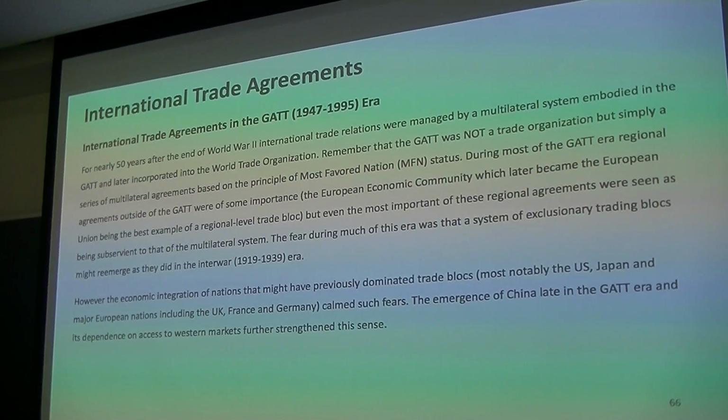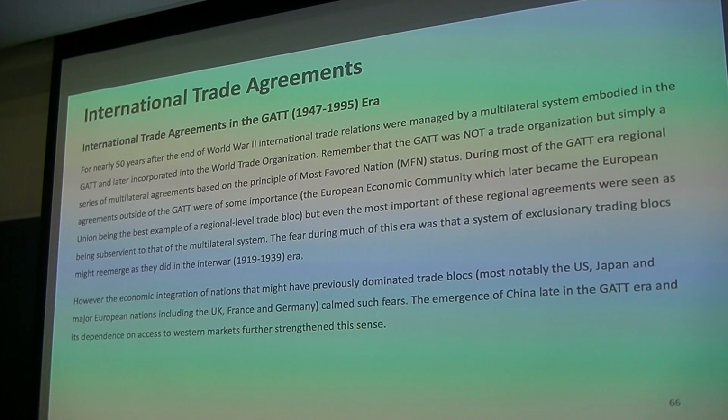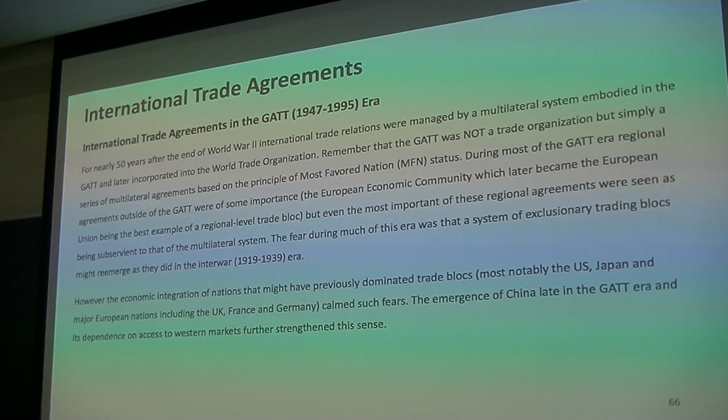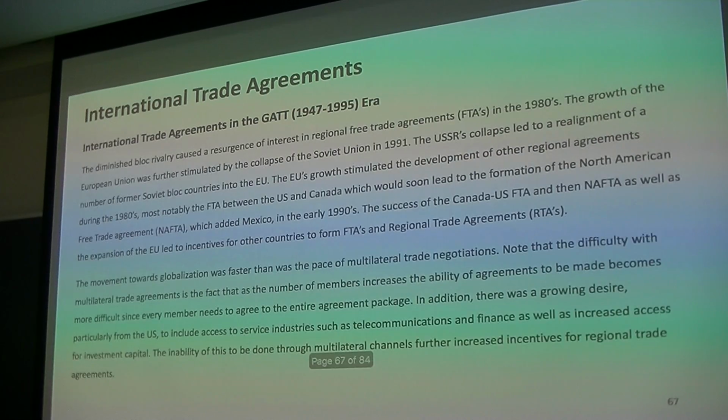It also certainly provided an impetus to some type of global trade agreement. But the important point there, let's see.